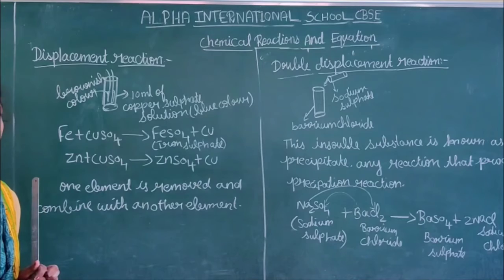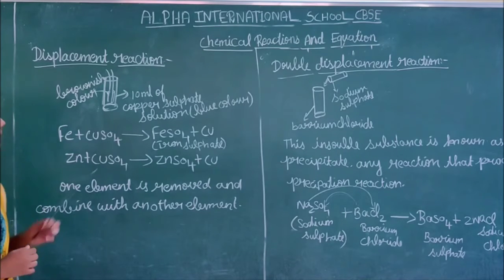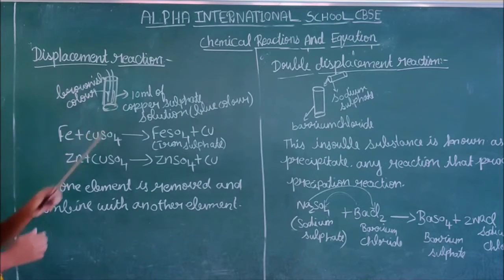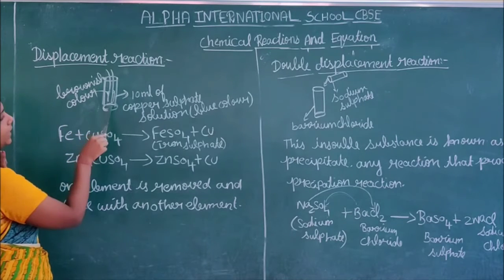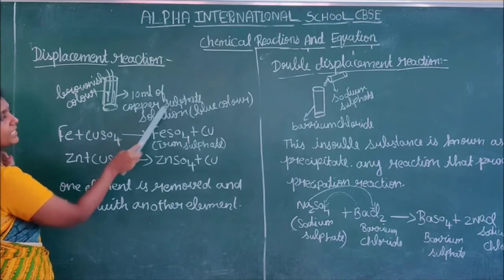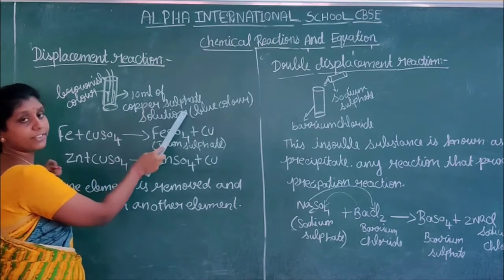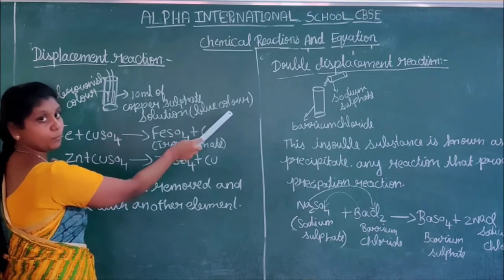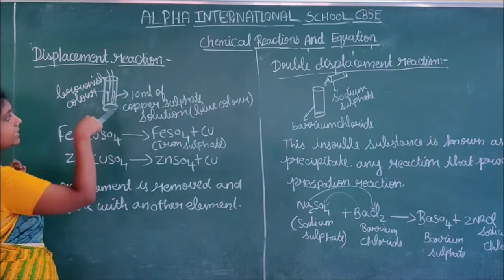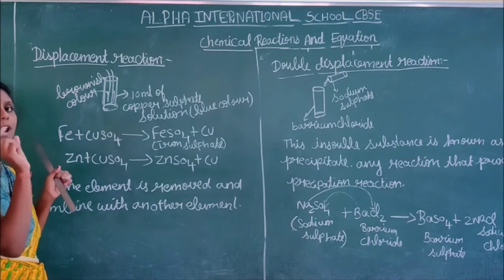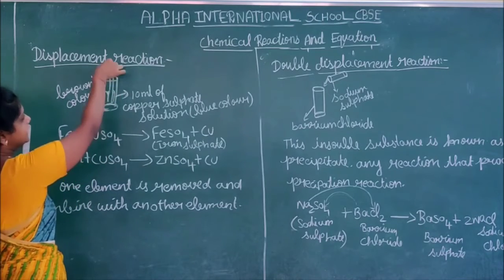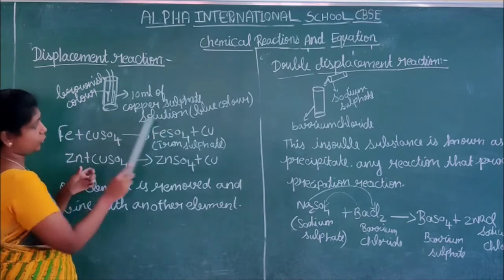Next, we are going to discuss what is displacement reaction. They are taking a test tube. Consider it is a test tube, and they are pouring 10 ml of copper sulfate solution. The copper sulfate solution is in what color? Blue color. They are pouring it inside this test tube, and they are also tying two iron nails and inserting them in this copper sulfate solution.